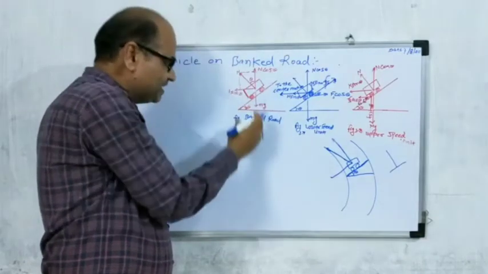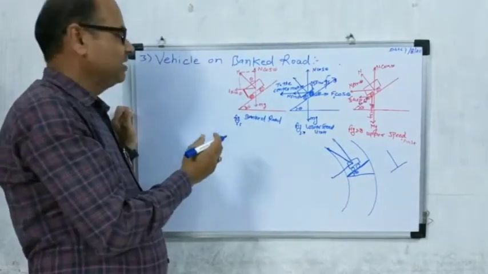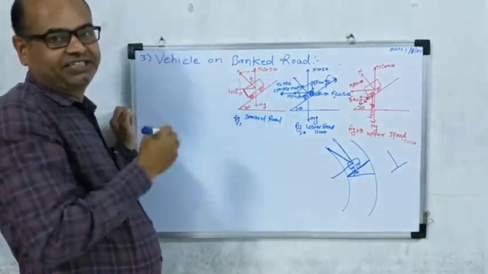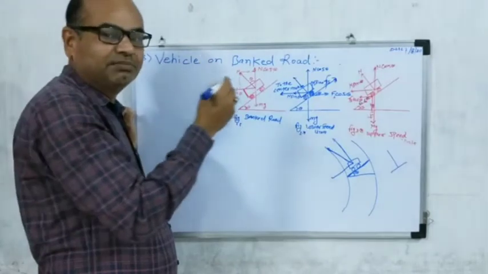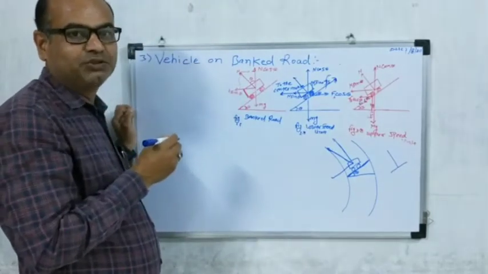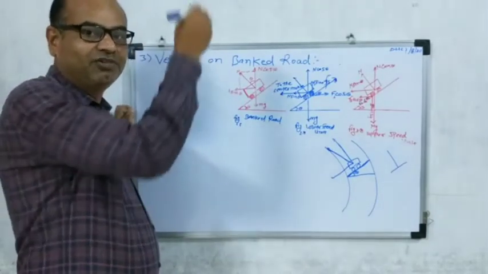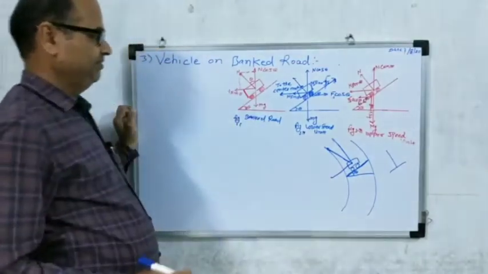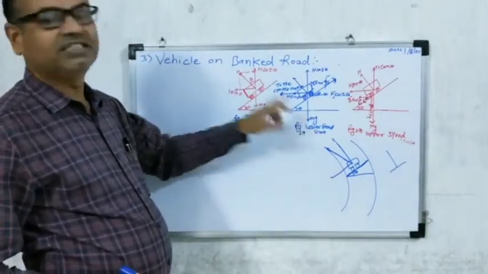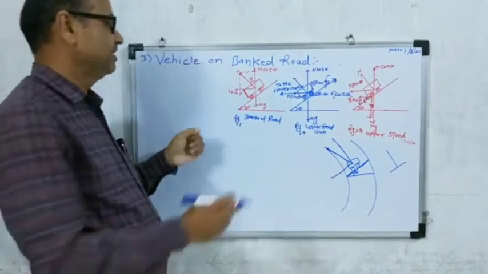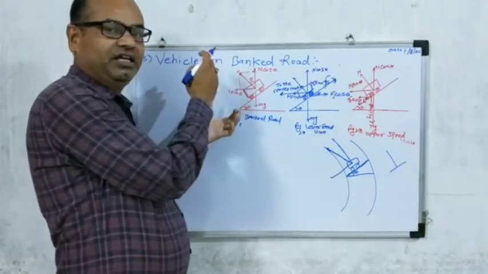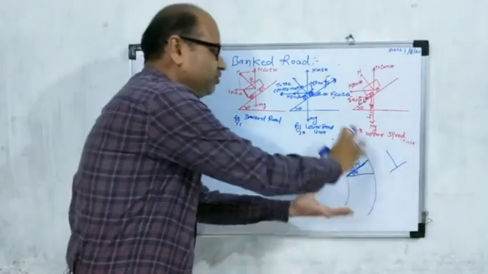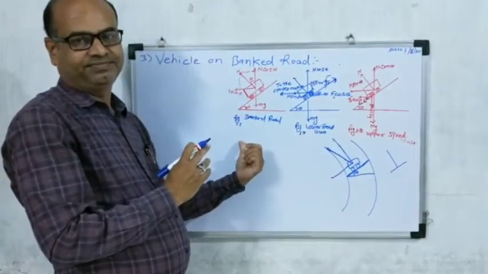The balance of the car in a vertical downward direction is mg. Actually, the first figure shows the banked road on which the car is moving.